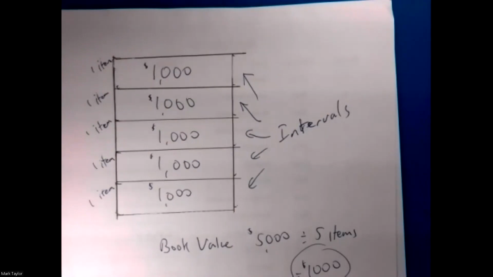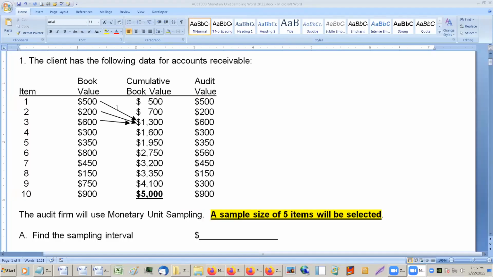Okay. Let me get rid of this stuff. So we're going to look for the item using this cumulative total.